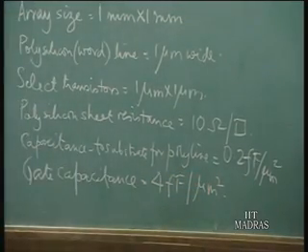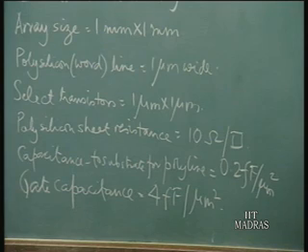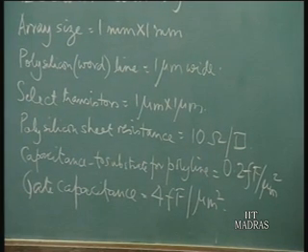So, given these details, can we estimate the delay required to charge the word lines? Okay, so that's a small problem. Let us see how we are going to tackle it.